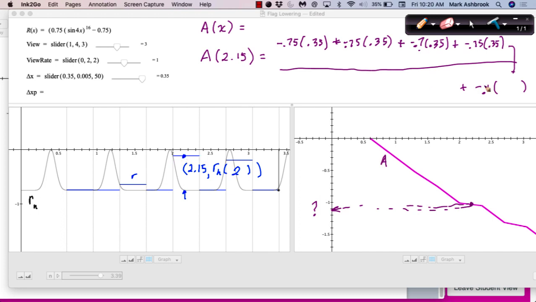I only go partially to 0.15. Do you see how that's an approximation for a of 2.15? M dx for the first interval, dy, plus M dx for the second interval, plus M dx for the third, plus the fourth, and then a little bit more, a partial interval in the fifth. And totaling all that up is getting our running total of what that a value is there.